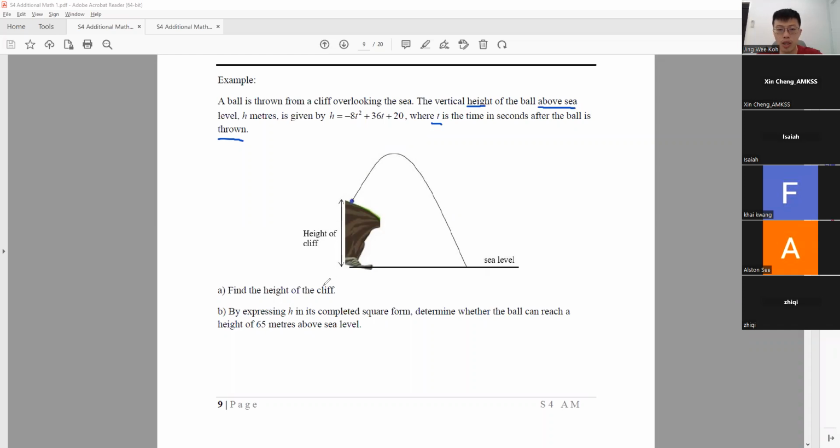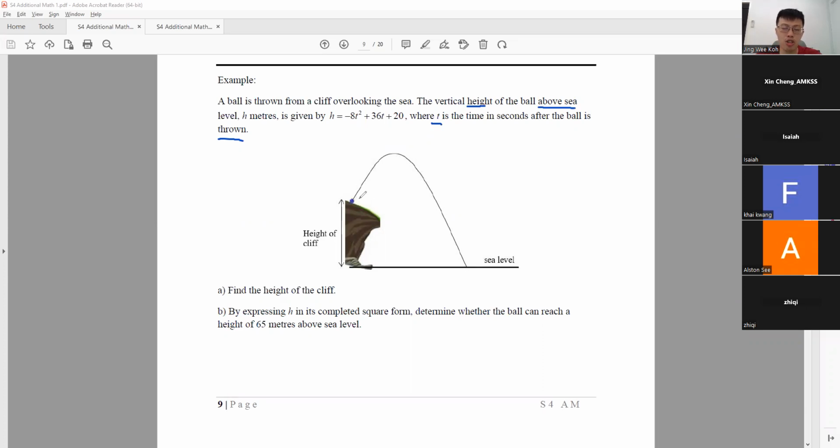Okay, so the height of the cliff, what does that mean? Just imagine you're standing here and throw. At this point, when you haven't thrown, you are on the cliff, correct? The important thing here is we don't care about the person's height. Just ignore the person's height. Just imagine the ball is on the cliff, and it's being launched from the cliff.